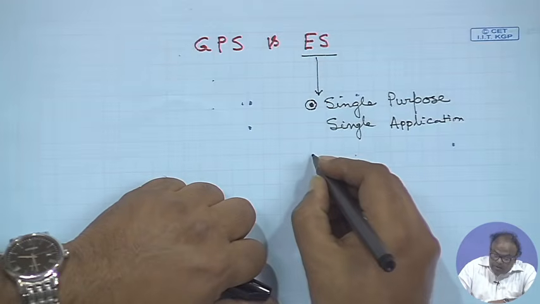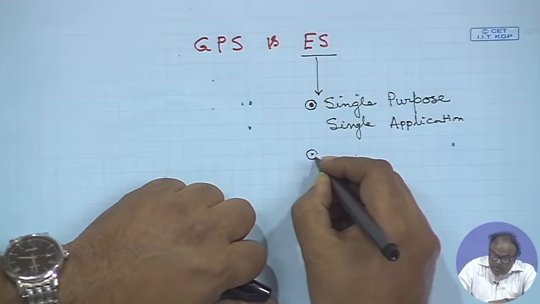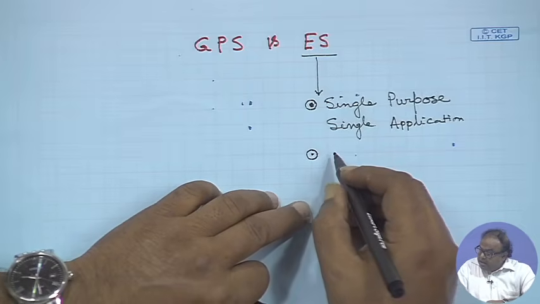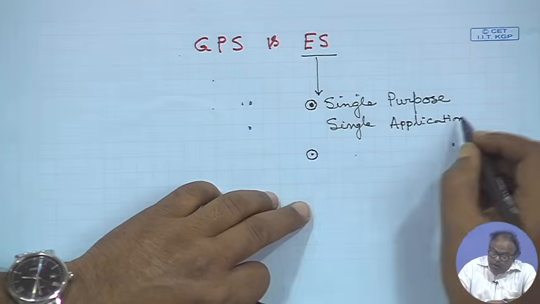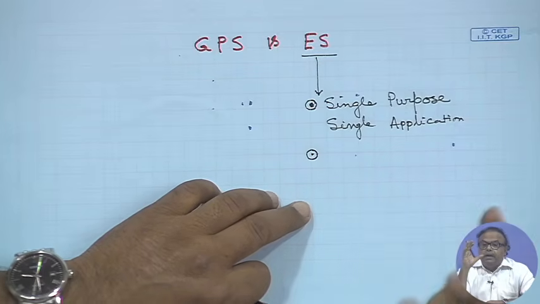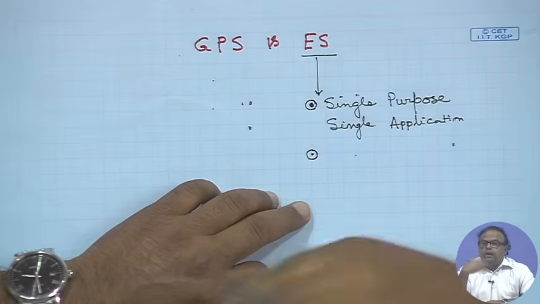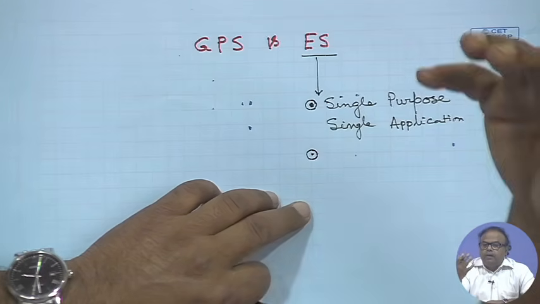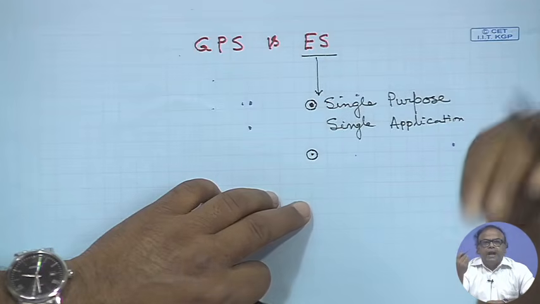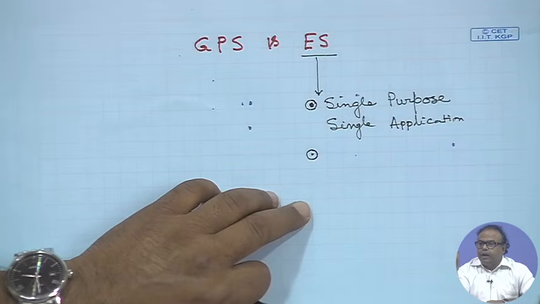The other point is, what do you mean by this? A single application program is repeatedly run. Let me give the example of an answering machine, a telephone answering machine.